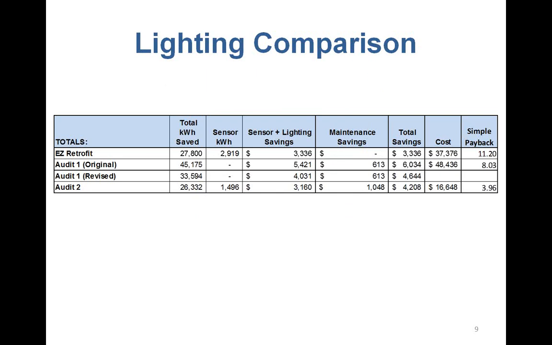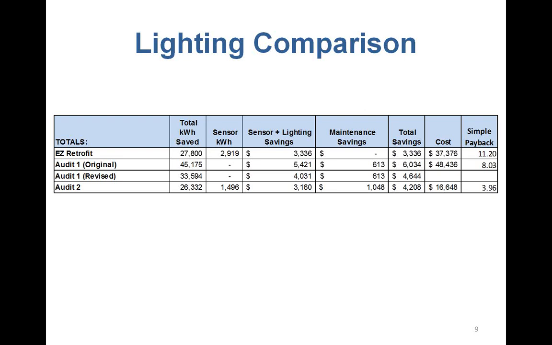In addition to the investment grade audit, we also had a second lighting company take a look and see what the opportunity for conservation was, and that's identified as the row labeled Audit 2. And you can see that the number that they came back with, the 26,332 kilowatt hours, is really close to what was identified in the EZ Retrofit tool.